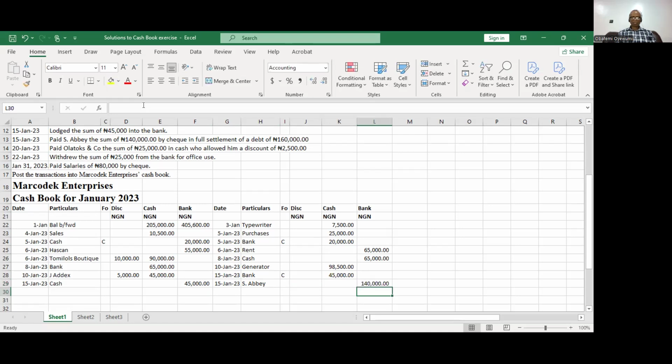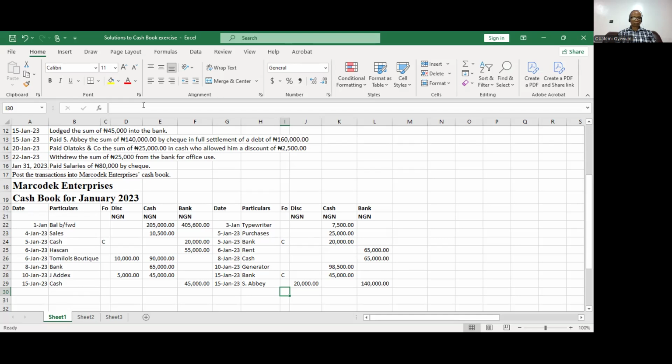And then how much will be the discount? 20,000. I hope you'll be able to understand that very well. It's important that you practice this as much as possible, so that you have a good understanding of how questions like this are framed. Okay, so let's go to the next transaction.